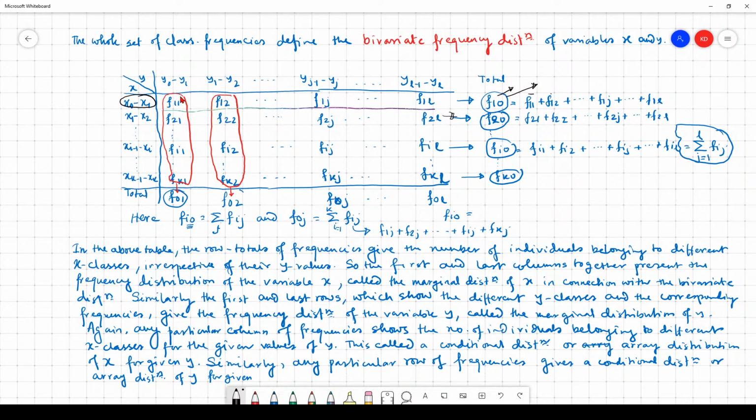This gives the frequency of the class y0 to y1. Similarly, this gives the marginal frequency of y1 to y2. This is called the column sum. So the column sums give the marginal frequency corresponding to the variable y, and the row sums give the marginal frequency corresponding to x. Clear, Jit? Okay, thank you.